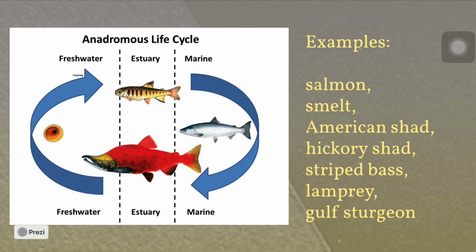On the left side, the anadromous life cycle: freshwater, estuary, they grow in the estuary, then go to marine. After they become big, they go back to freshwater to lay eggs.